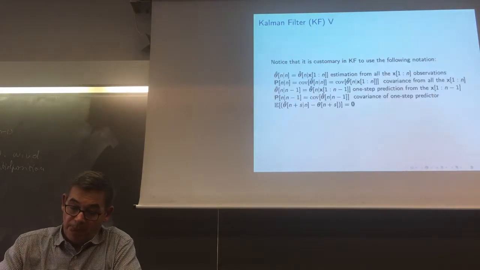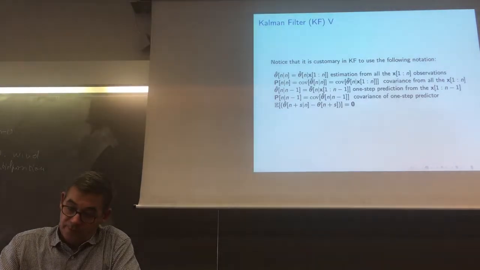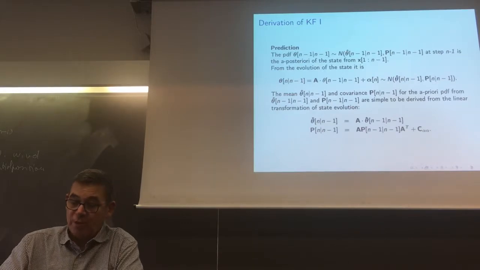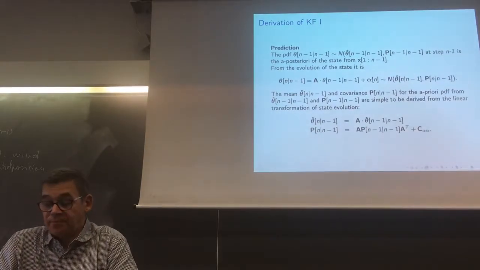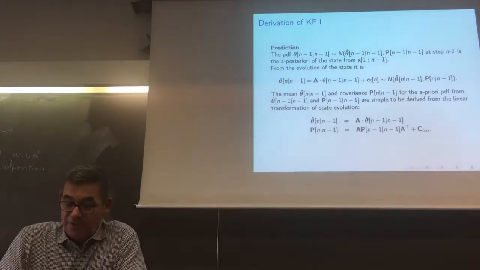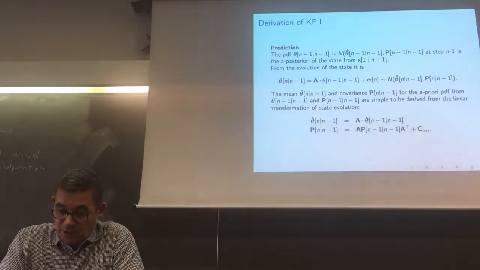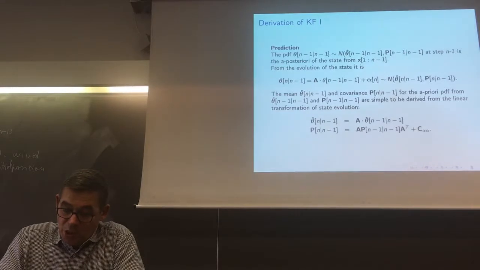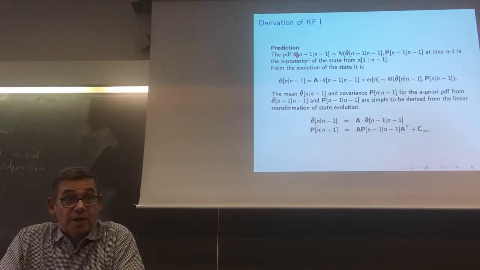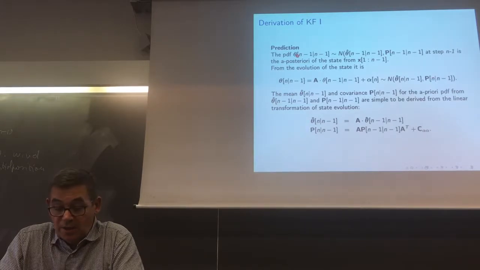Now, this is just a notation, so we already described it. So how do we make a prediction in a Kalman filter? The prediction is obtained by knowing the a posteriori at iteration n minus 1. This is known and this is Gaussian.